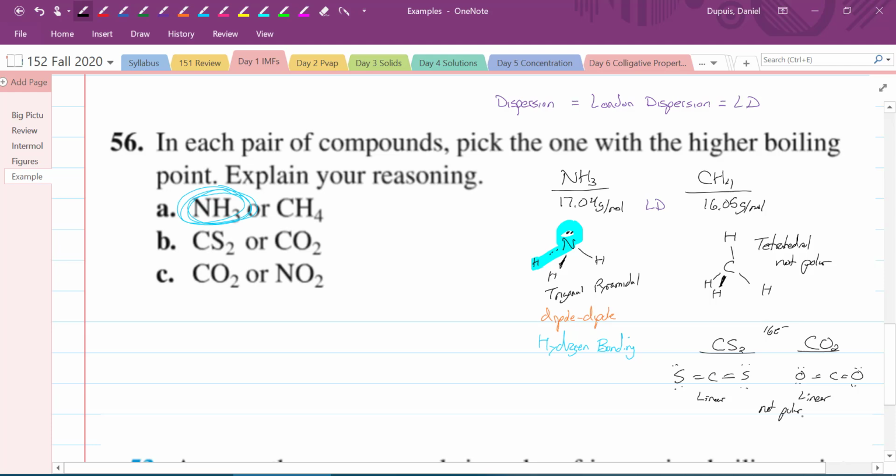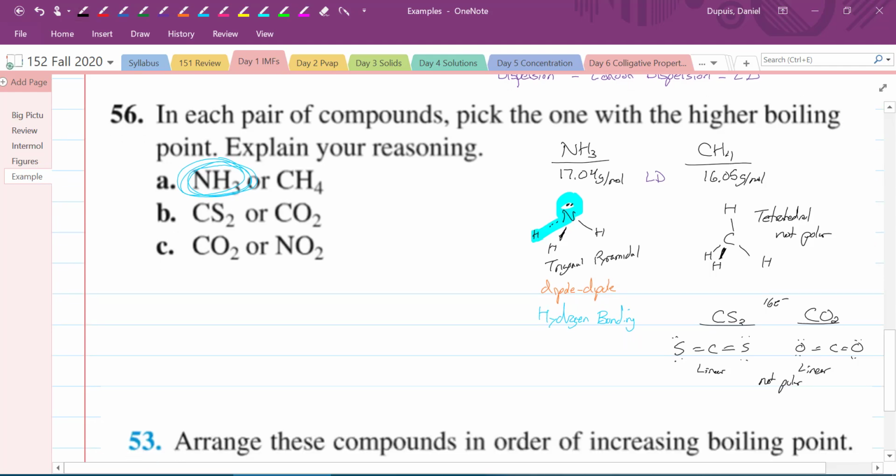So what's the difference? Well, the only difference is CO2 is 16, 16, 32 plus 12, which is about 44-ish grams per mole. And 32 and 32 would be 64, so 64 and 12 is 72 grams per mole. And so CS2 is heavier. So I would say CS2 is the answer.